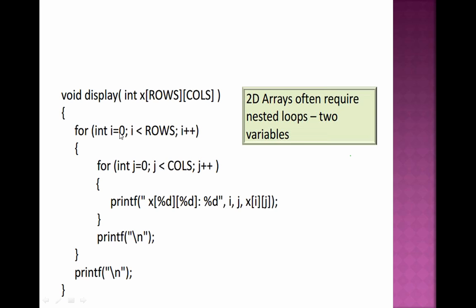First one is int i equals 0, that is starting with 0, i has the value 0, then i is less than rows. For example, if the user defines rows as 4, the outer loop will run from 0 to 3, that is 0, 1, 2, 3, because it is 4. For example, I am taking this example.